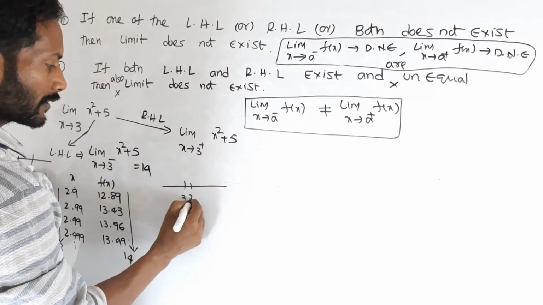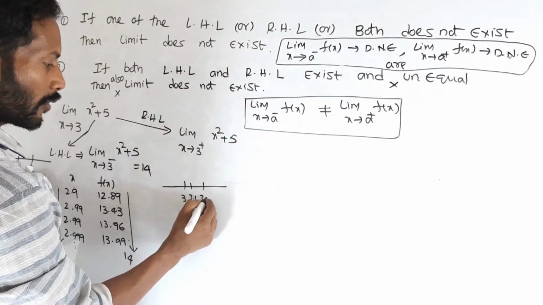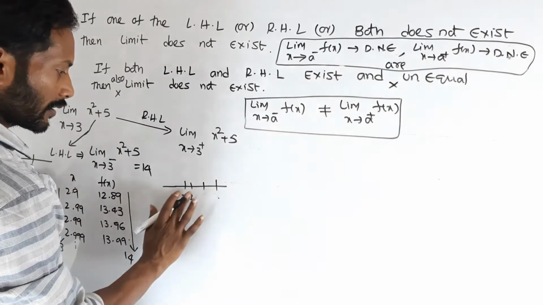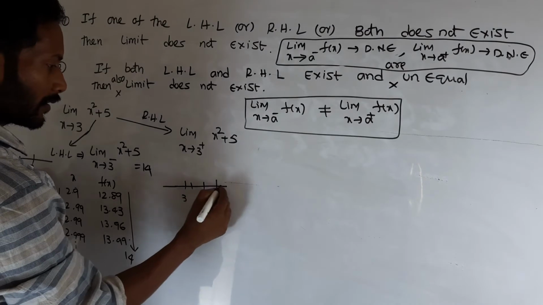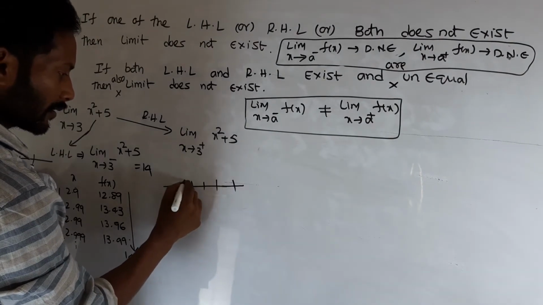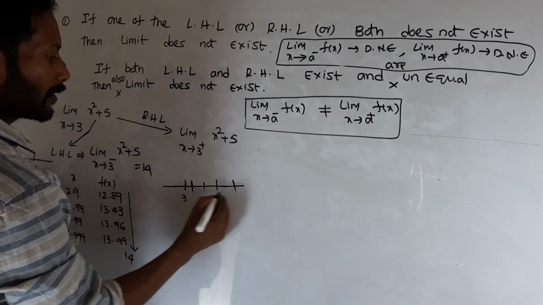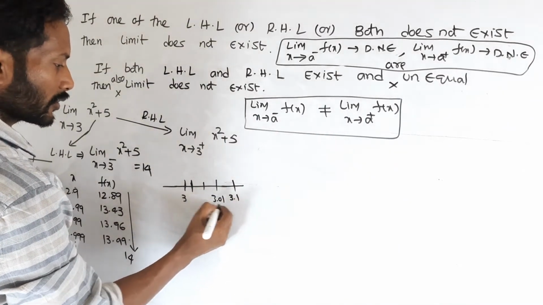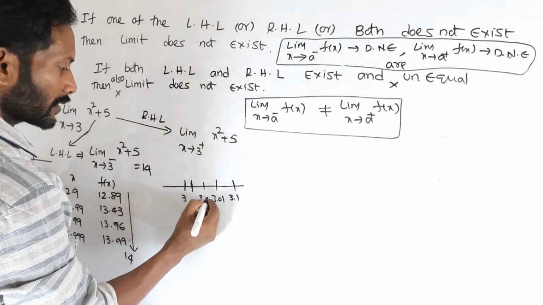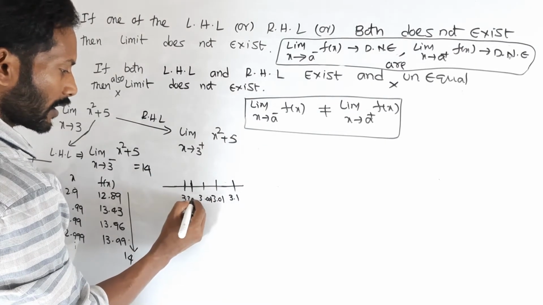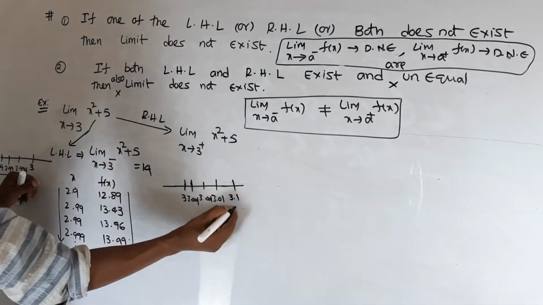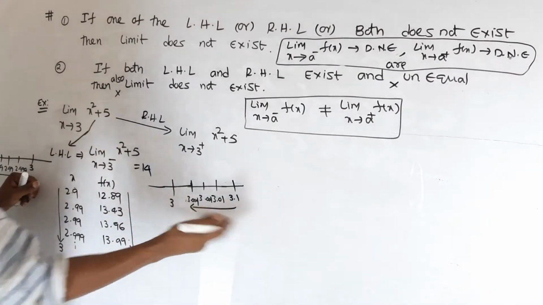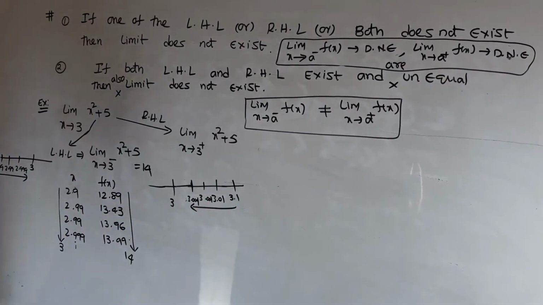The points are 3.1, 3.01, 3.001 and so on. This is the right hand side of 3.